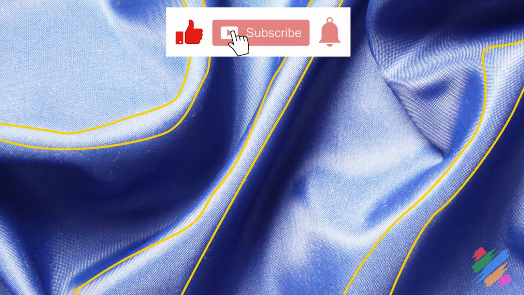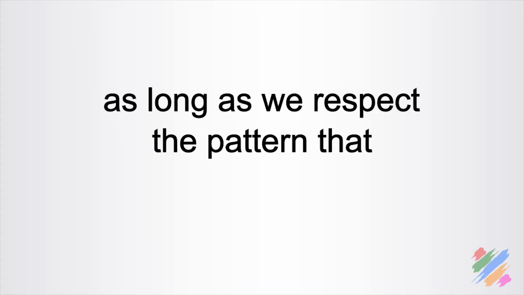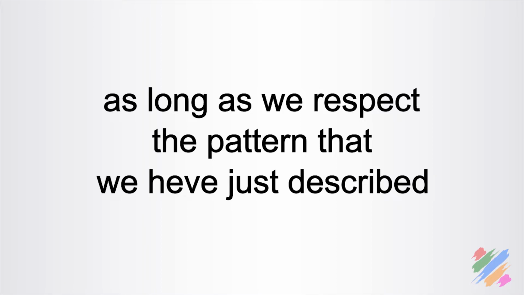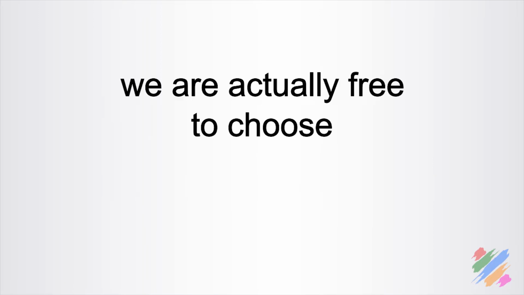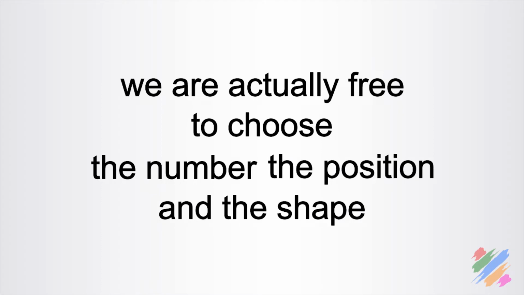For example, in this case, all the dark areas are on the right or on the bottom with respect to the wave peaks, and the light areas are on the left or on the top of them. So, as long as we respect the pattern that we have just described, we are actually free to choose the number, the position, and the shape of all these colored areas that we're going to paint to represent our piece of silk.